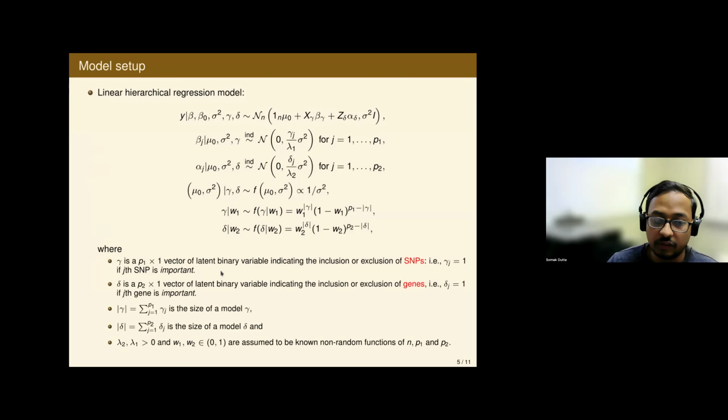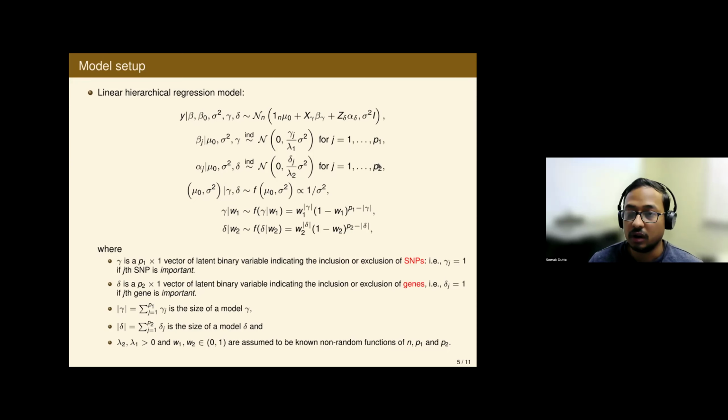It's 0 if and only if the jth SNP is not important. Similarly, delta would be a 39,000 by 1 vector of latent binary variables indicating the importance of genes. That is, delta j would be 1 if the jth gene is important. It would be 0 if the jth gene is not important. So we want to learn about this gamma and delta, which genes and which SNPs are important, from the data.